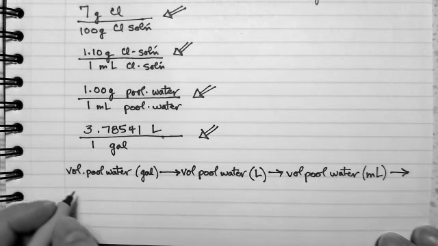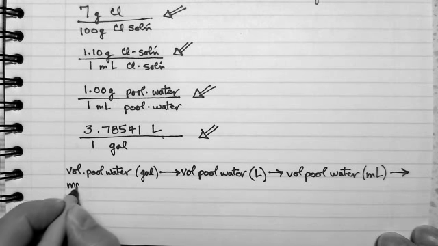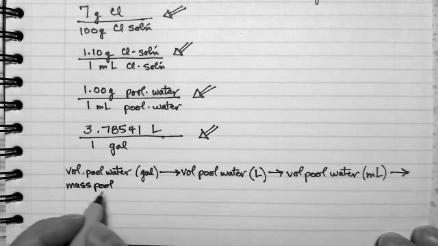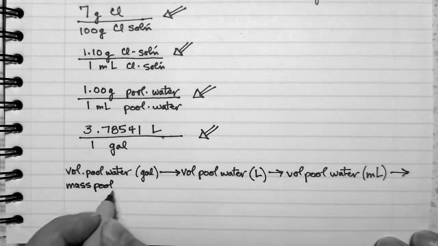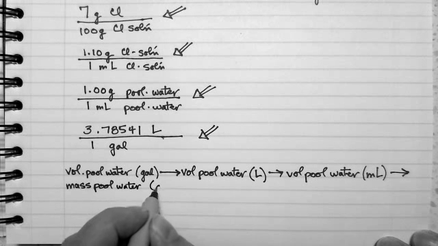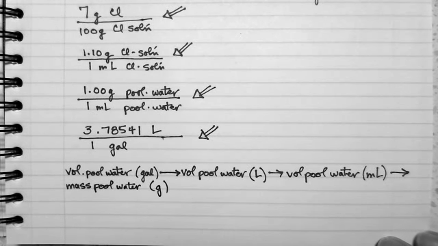We'll go from a volume of pool water to a mass. We'll use the density to do that calculation. That mass will be in grams.